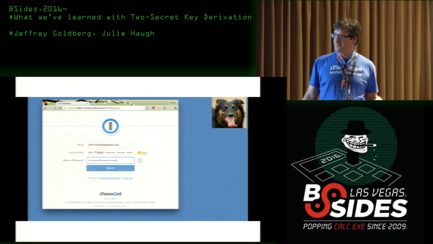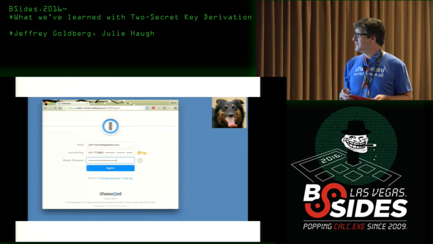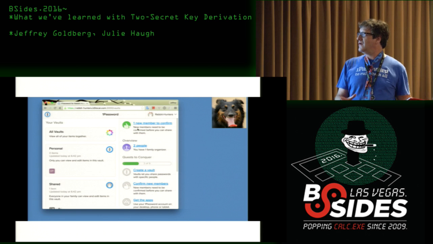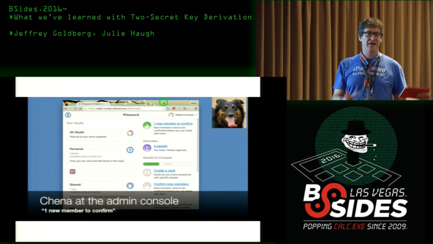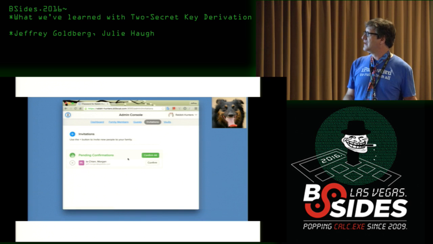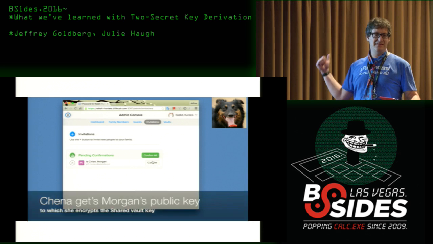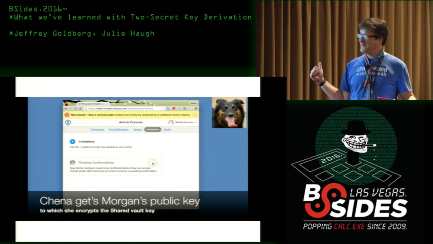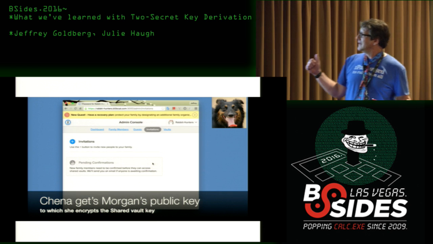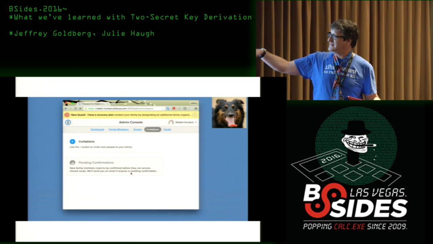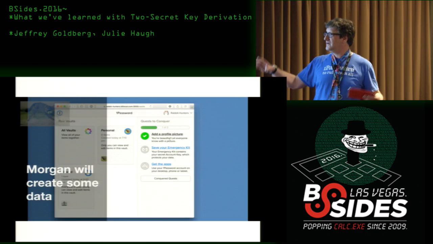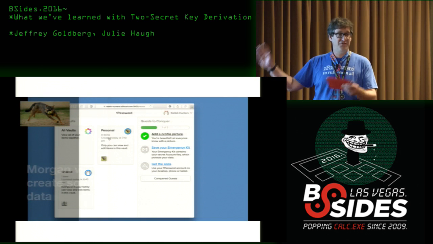OK, now there's a little bit of back and forth because Morgan's keys are generated by Morgan's client when she first signs up, for the public key to get to the team administrator. Anyway, Chaina has to go through this step. For the user, it's just confirming.